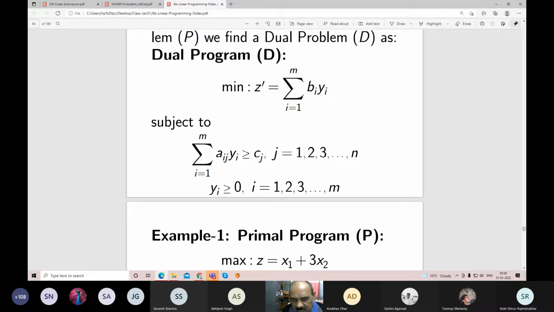So these are the Lagrange multipliers, and we want to minimize not z, but some other objective function, summation i varies from 1 to m of bi yi, subject to summation i varies from 1 to m of aij into yi greater than or equal to cj, j varies from 1, 2, 3 up to n, and all the yi are non-negative. This is the objective function. It is minimization type. This we are naming as dual objective function. The constants are called dual constants, and the variables are called dual variables.